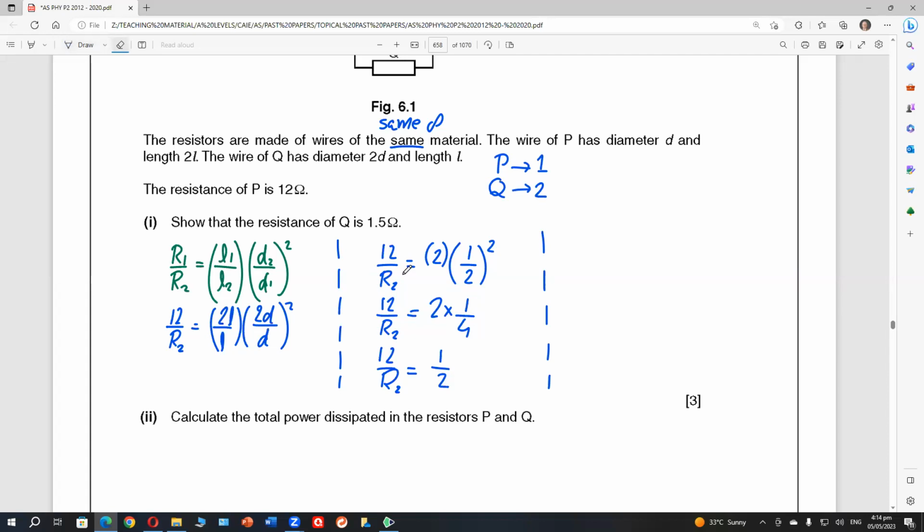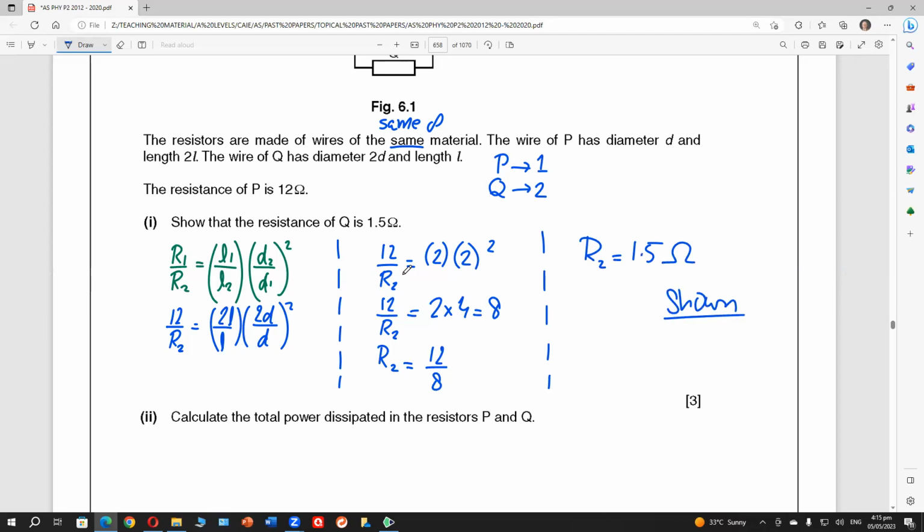Look, this is the mistake. Share the working.